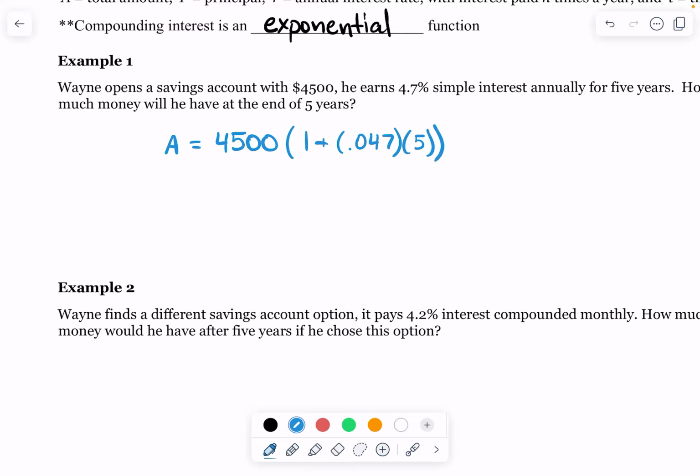And if we plug that into our calculator, we're going to get out about $5,557.50. Okay, so earns a good amount of interest in those 5 years, over $1,000.